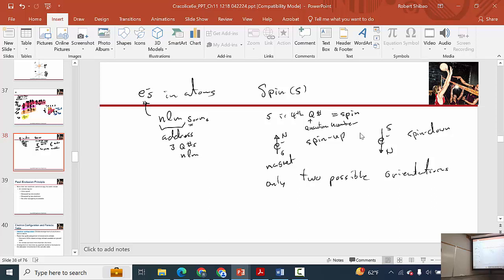Quantum numbers come from the Schrödinger equation. Schrödinger equation. Right there.